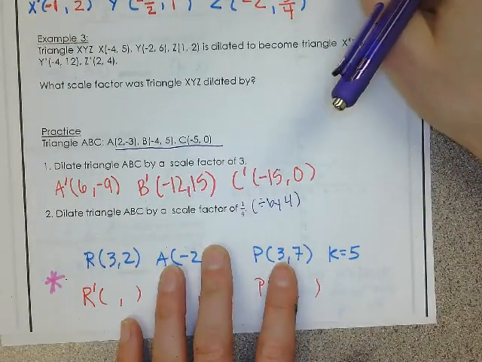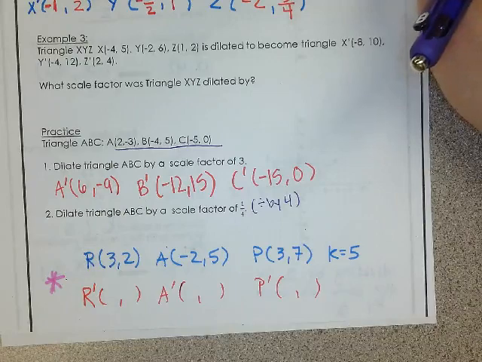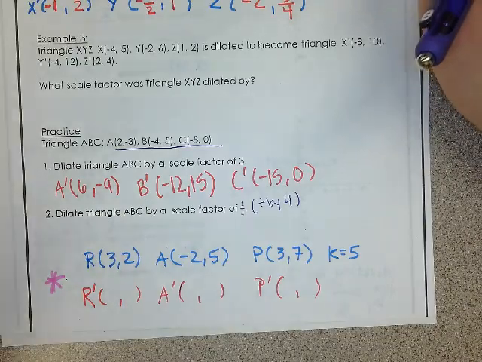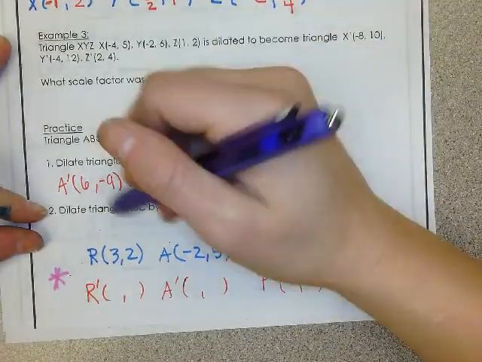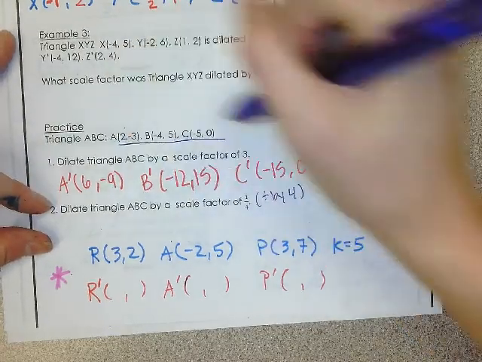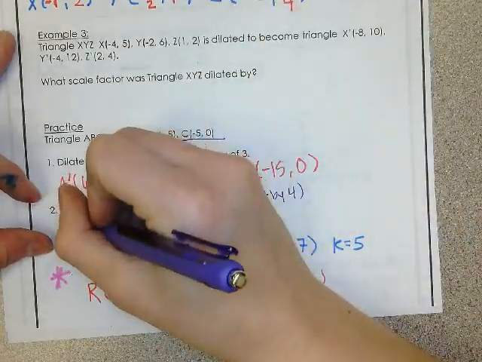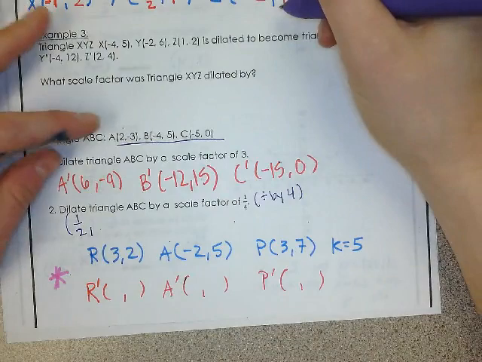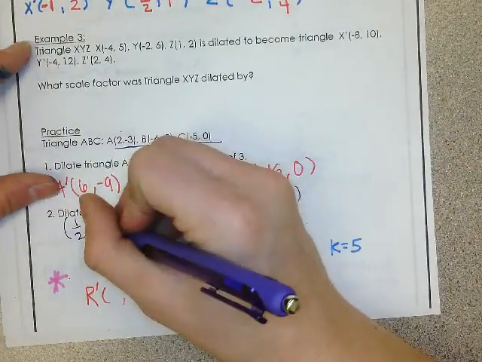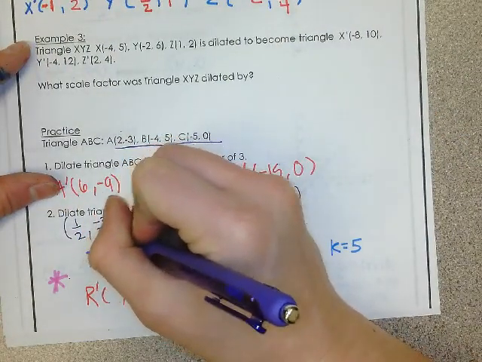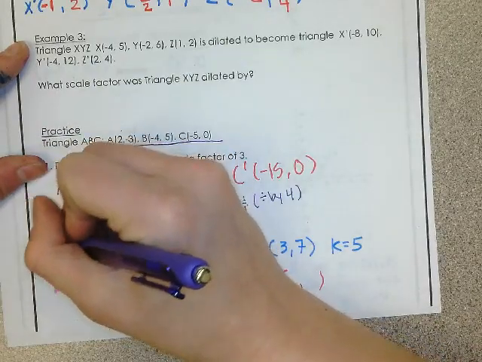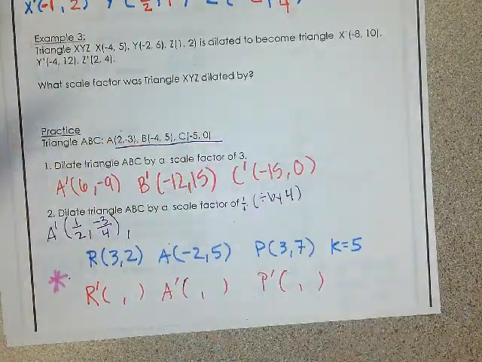But when we write the scale factor, we actually need the fraction form. So 2 divided by 4, that's 1/2. Negative 3 divided by 4, that's just negative 3 over 4. That's A prime.